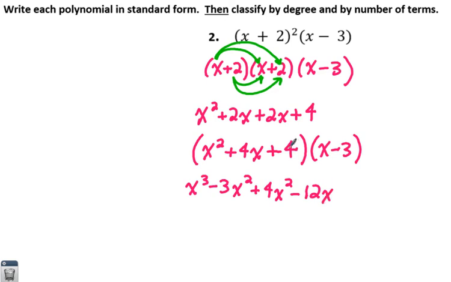Now I still got this: 4 times x is plus 4x, and then 4 times negative 3 is negative 12. A little bit of cleanup. Nothing combines with the x cubed, but negative 3x squared and plus 4x squared will be plus 1x squared. And then these two combine together.